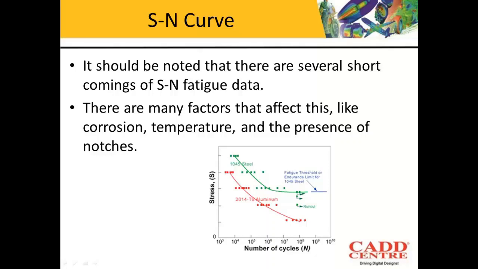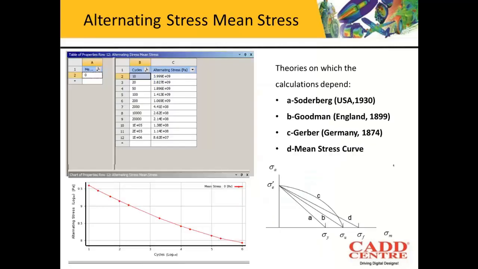When you talk about the SN curve, there are different theories on which the calculations depend. You can see this graph with different curves A, B, C, and D. The A plot is an SN curve done using the Soderberg theory.